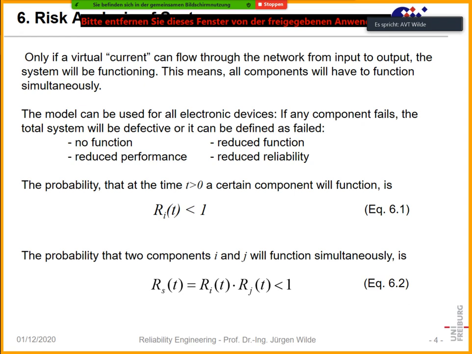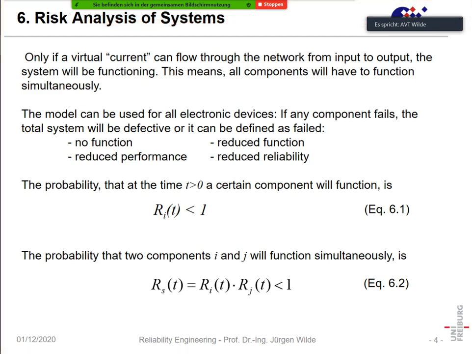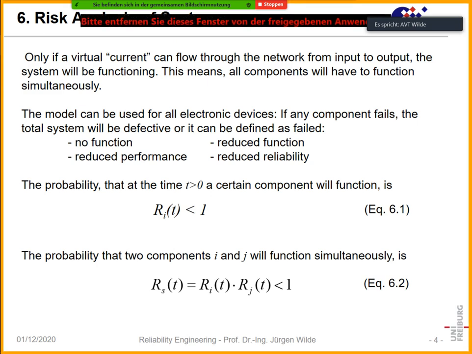So if the reliability that the first survives is 50%, and that the second also survives is 50% at that time, then the total system reliability will be the product of both, Ri multiplied with Rj, or R1 times R2, and 0.5 times 0.5 is 0.25.